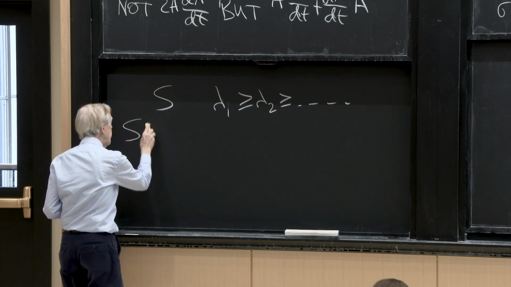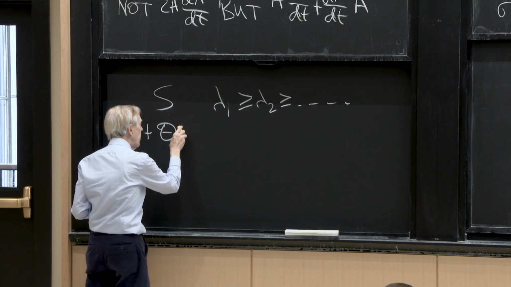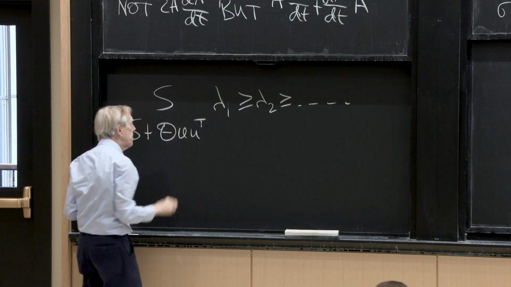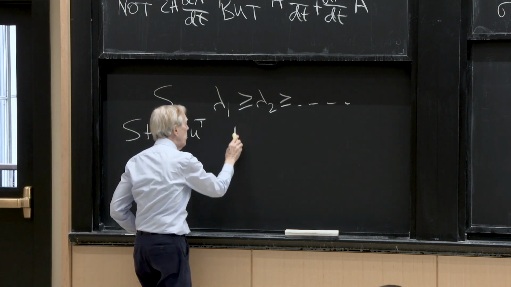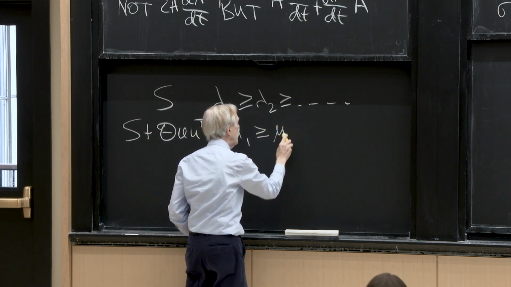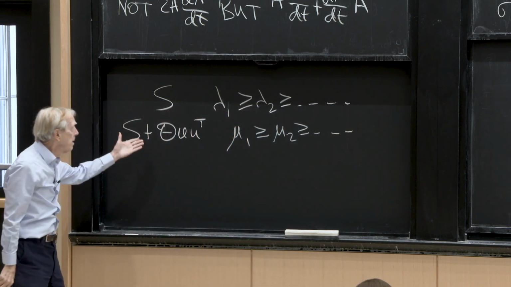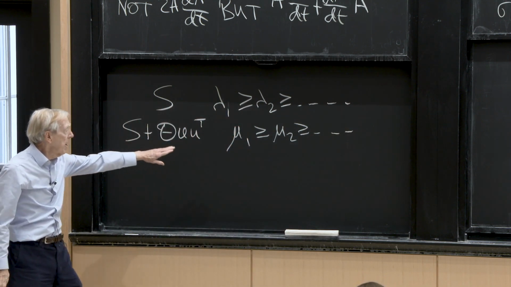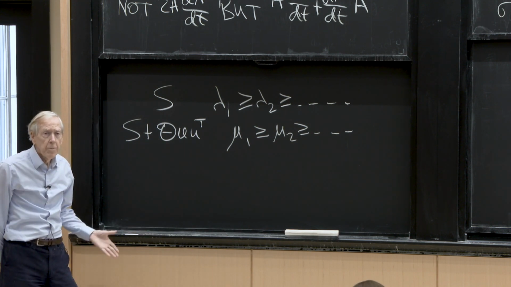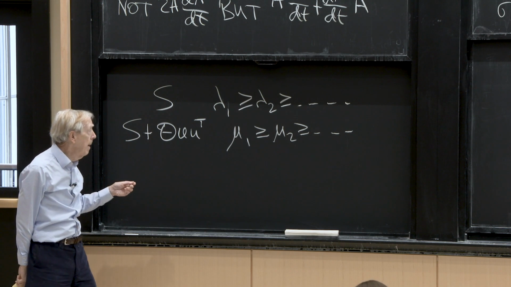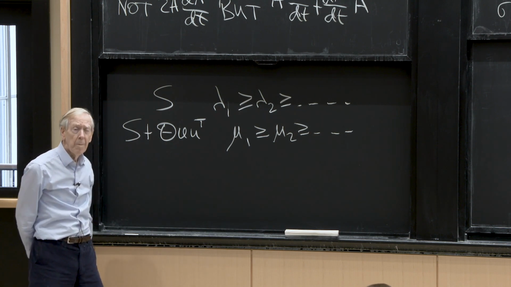Then I change S by some amount, in the notes a number theta times a rank 1 matrix. That has eigenvalues mu1 greater or equal mu2 greater or equal something. I can't give you an exact formula for these; you would just have to compute them. But I can give you bounds for them.